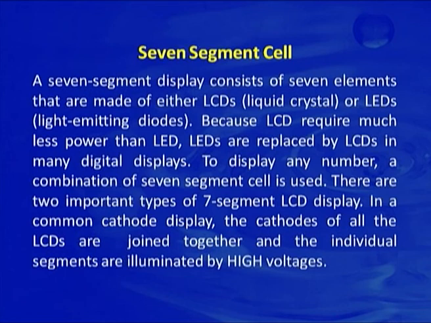In a common cathode display, the cathodes of all the LCDs are joined together and the individual segments are illuminated by high voltage. In a common anode display, the anodes of all LCDs are joined together and the individual segments are illuminated by connecting to a low voltage.